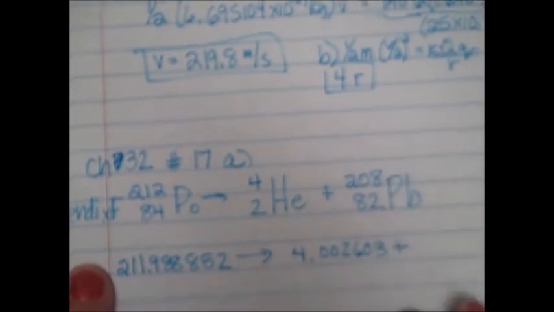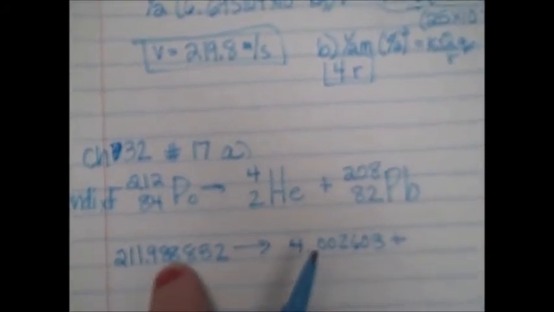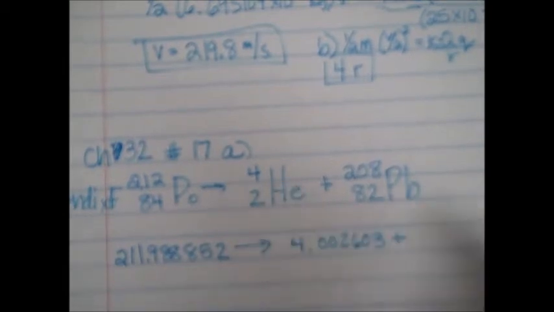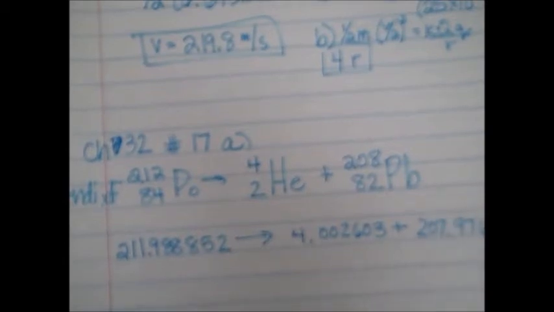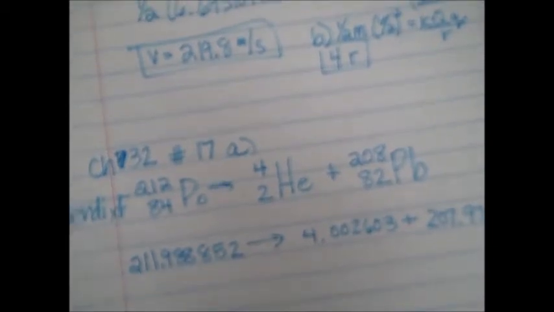Pb. And I had already found the atomic mass for the polonium and the alpha nucleus, and for the lead, that's 208, this is 207.97664.